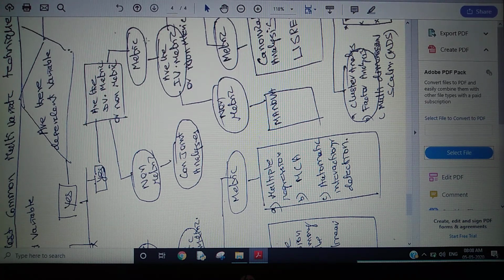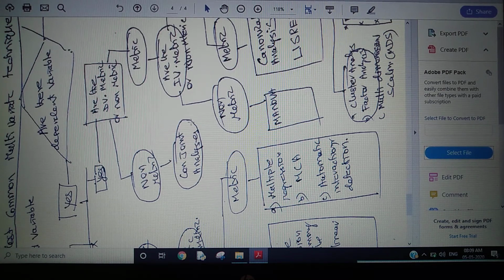Let us take that they are metric. Another question: are the independent variables metric or non-metric? If the independent variables are metric, canonical analysis. If the independent variables are non-metric, then MANOVA.